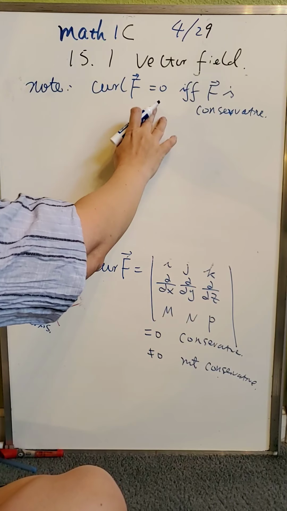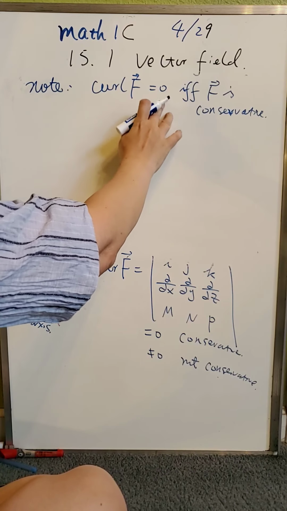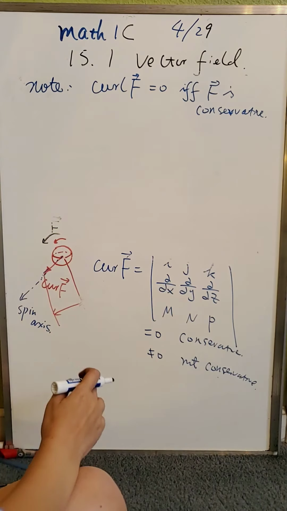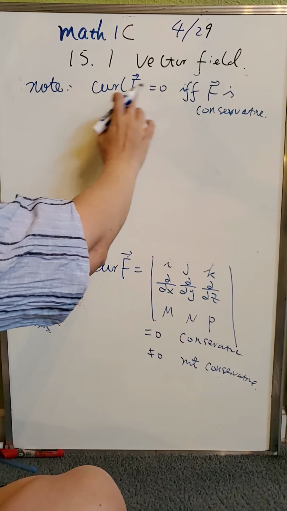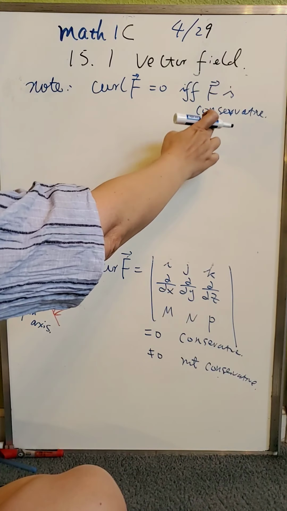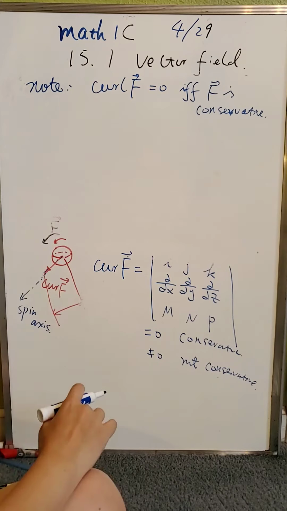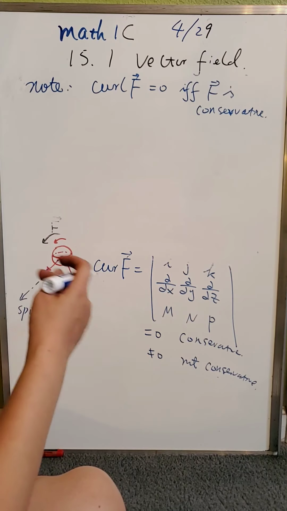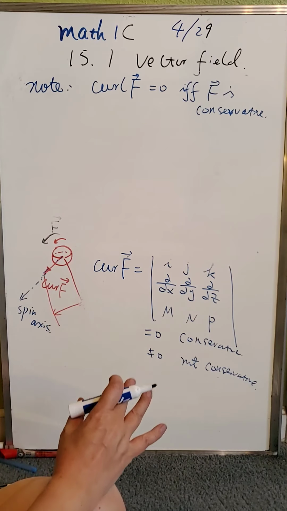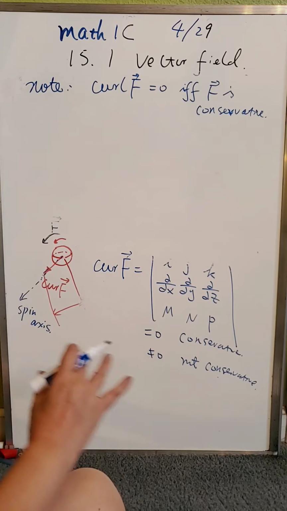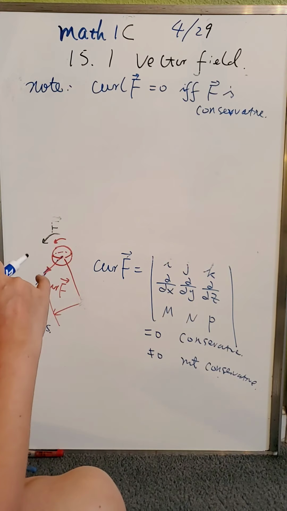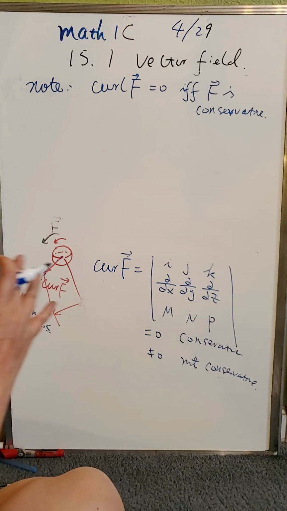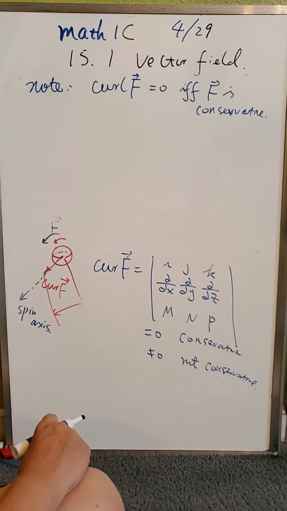The curl of F equals 0 if and only if F is conservative. It means that if the curl is equal to 0, then F is conservative. If F is conservative, it means the curl is equal to 0. Because we know that conservative means path independent. However you go, you do the same work. So there's no special thing that comes out. So that's what it means.